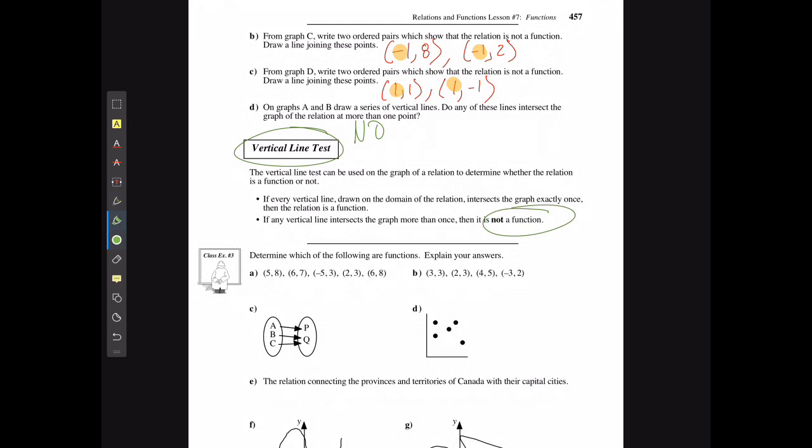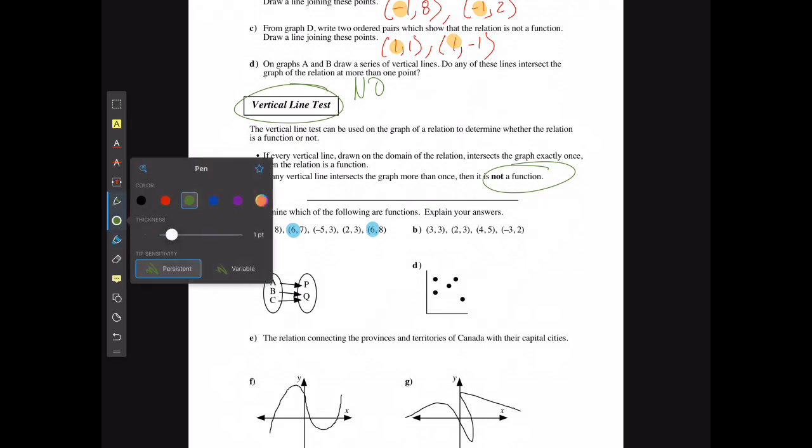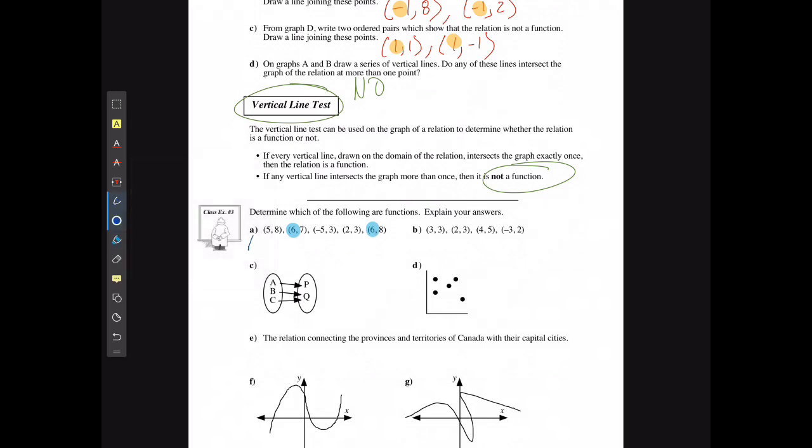So, if I'm determining whether or not these things are functions, well, take a look at example A. I have, for the domain values, 5, 6, -5, 2, and 6. I have two of the same. It is not a function.